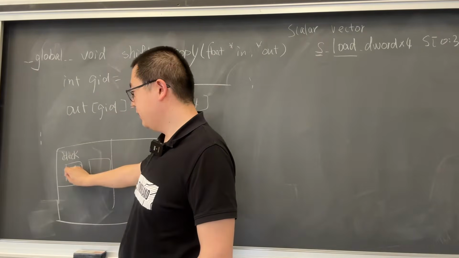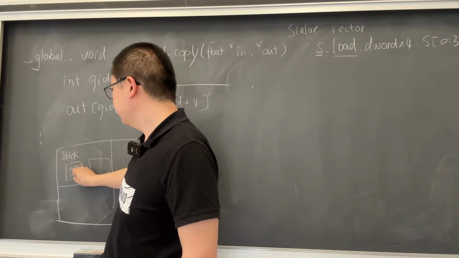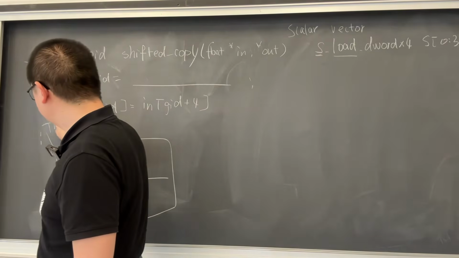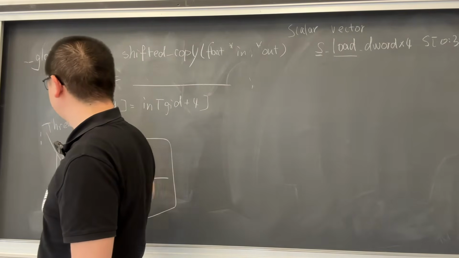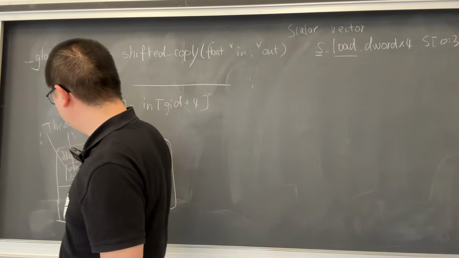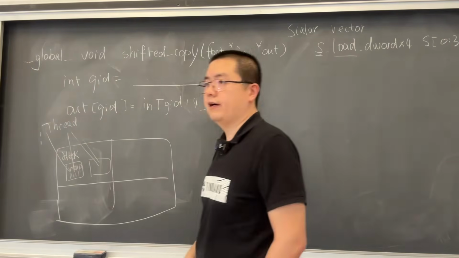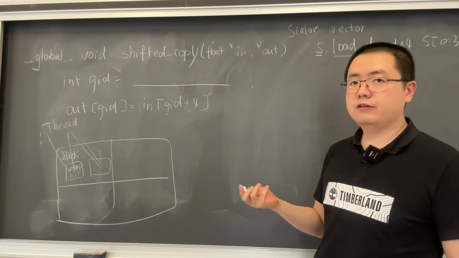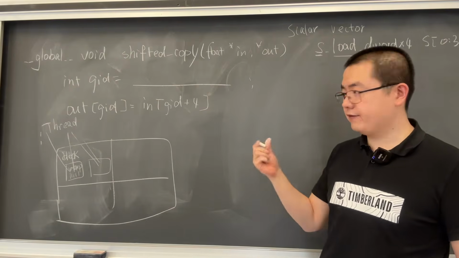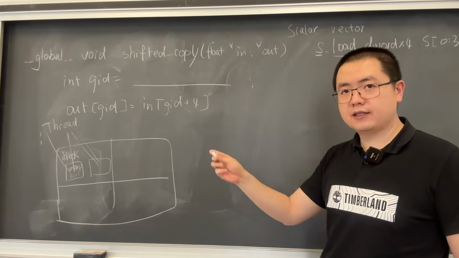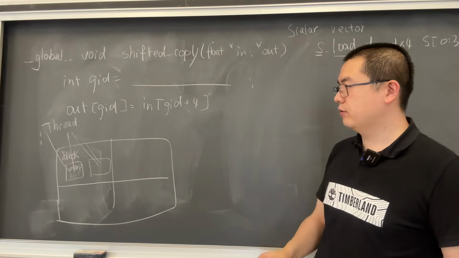Now within warp, we have threads. So there are several layers of organization. When we have this organization, there is some meaning of this organization, why we want to organize it this way.